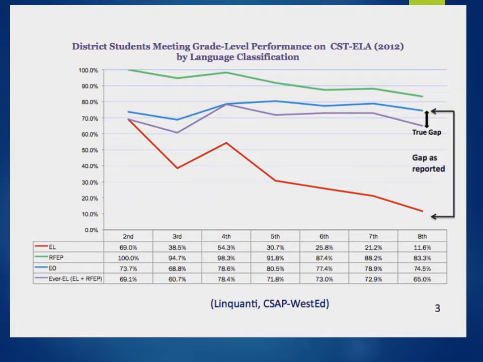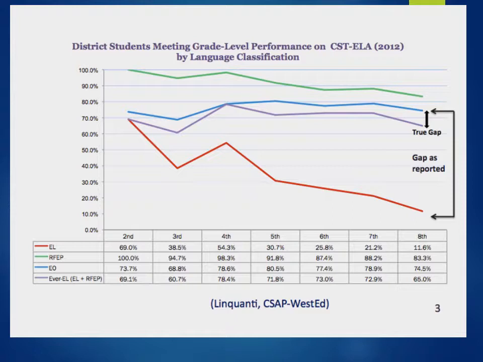And as you can see, this is the very typical pattern that as we move up into the higher grades, there becomes a wider and wider performance gap between the ELL group and the group which is the native English speakers, which is the blue line, the English only group, okay? This is the gap that we always see in our state accountability data.